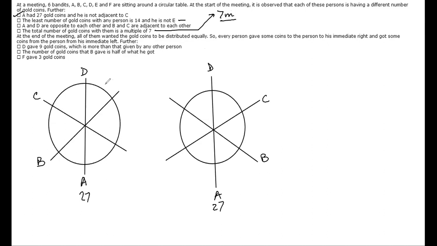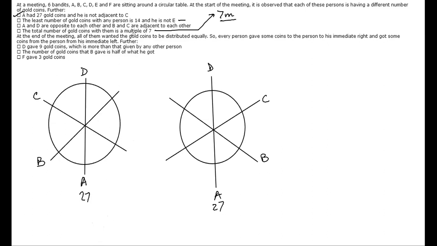Each part must be a multiple of 7, since 7 is not divisible by 6. So each person must have a multiple of 7 also. A can have say 21, 14, or 7, I don't know. Something like that is going to happen at the end.